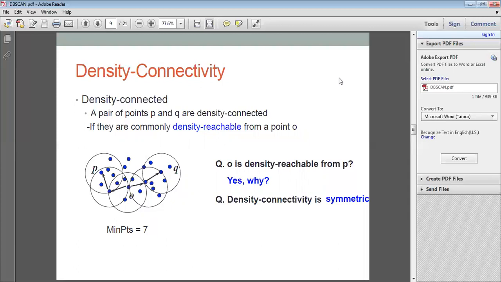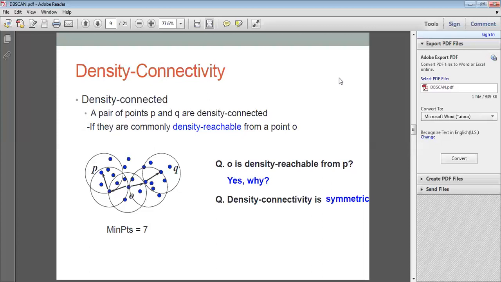So here we would say that density connectivity is used to connect two points which are not core points with the help of a core point, by using the concept of density reachable. So this is a symmetric relation.